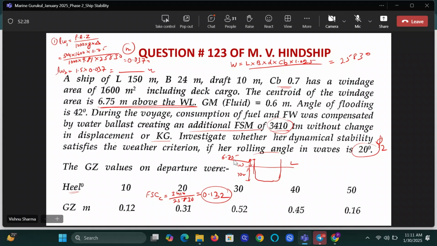Correct? And in phase one, we learned that if only the G moves, then the GZ is corrected by GG1 sine theta. Am I right, class? Yes or no? Yes, sir. And in this case, G has moved up. So will GZ reduce or increase?